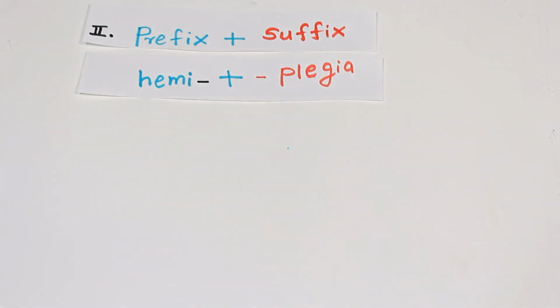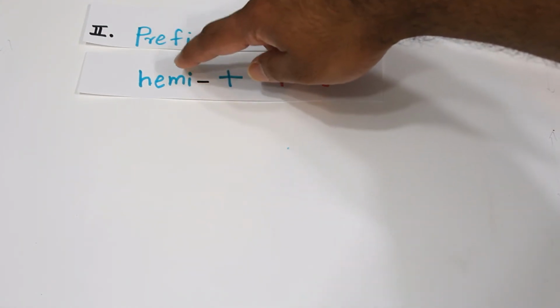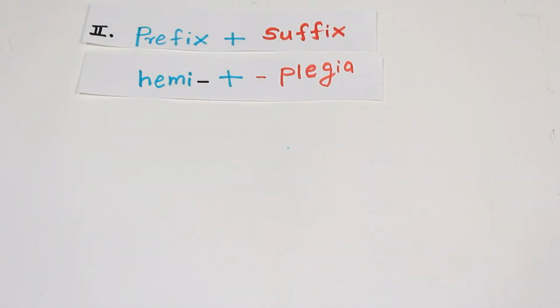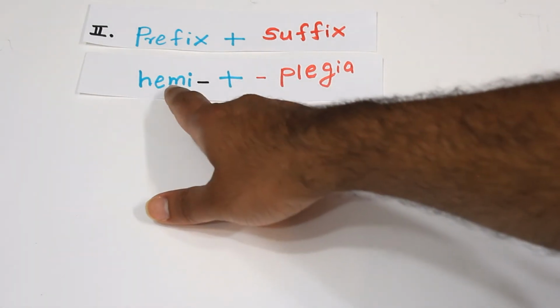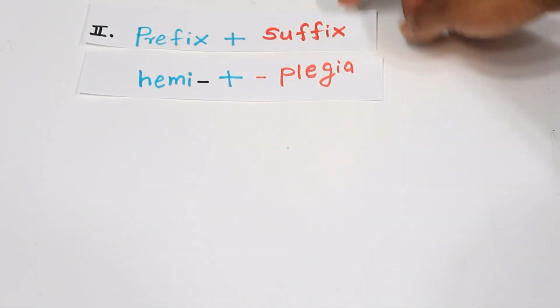I said prefix is kind of an adjective. If you remember my previous lessons, it says a prefix is an adjective. It can be represented like size, time, position, like that. So hemi means half.